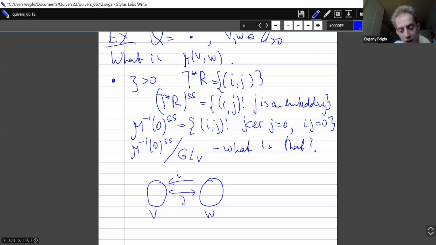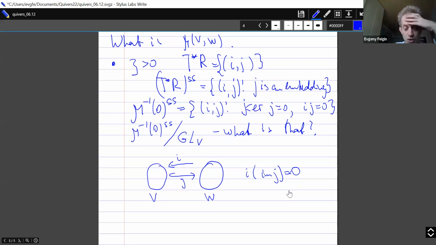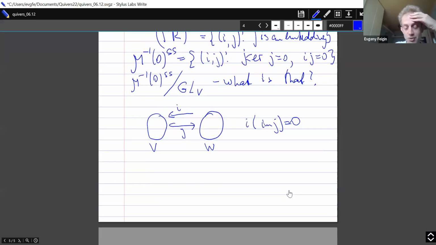This means that I evaluated on the image of J is 0, right? So this means that after all, I is a map from W modulo the image of J to V.